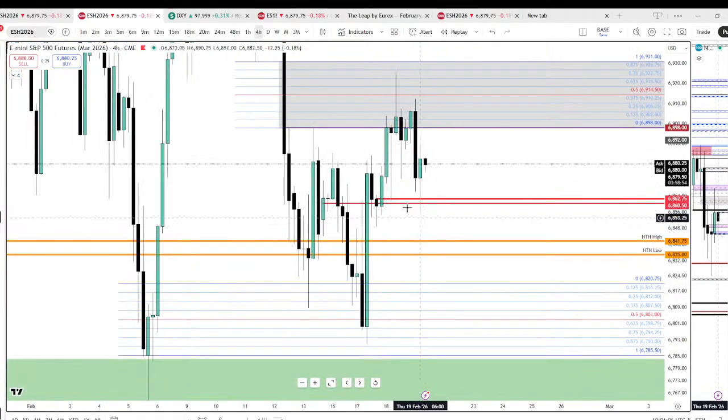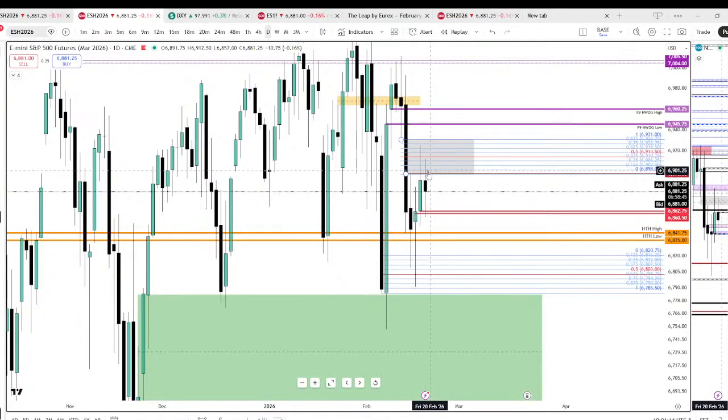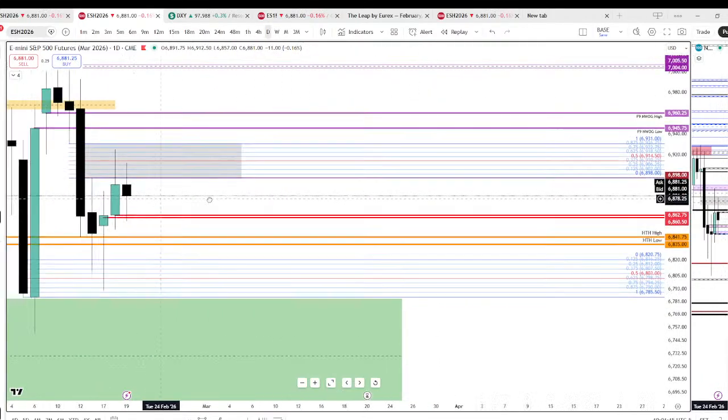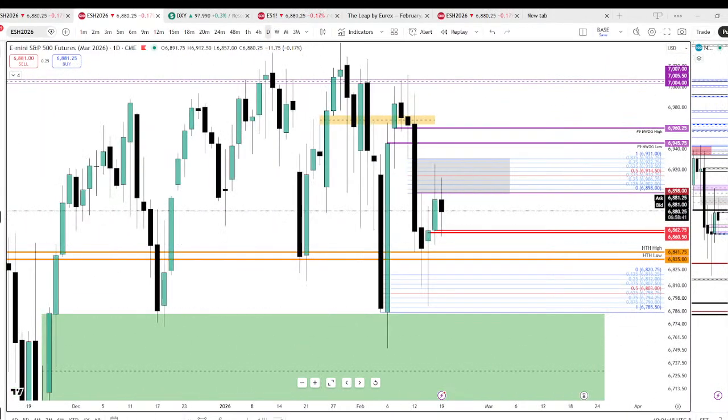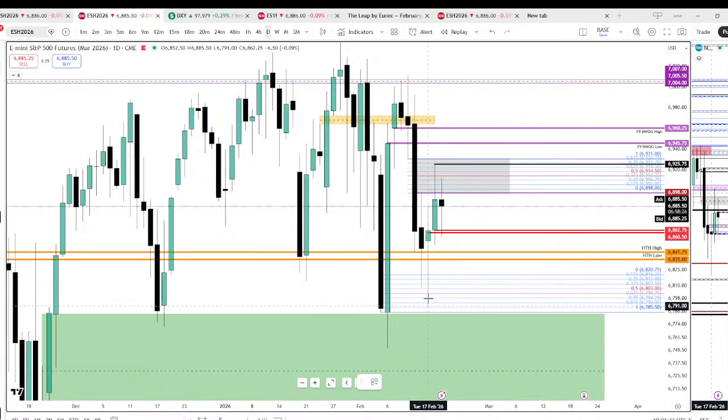And as we discussed, we have some lows down here that could be tapped into, but let's do our 3-day analysis. So 1, 2, 3. It's our regular high and our regular low.